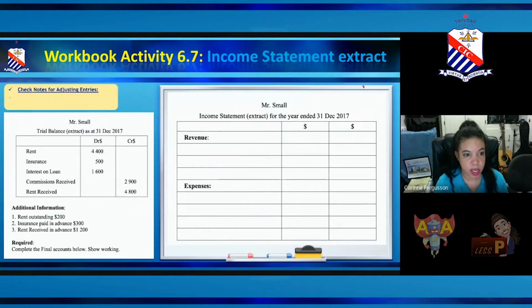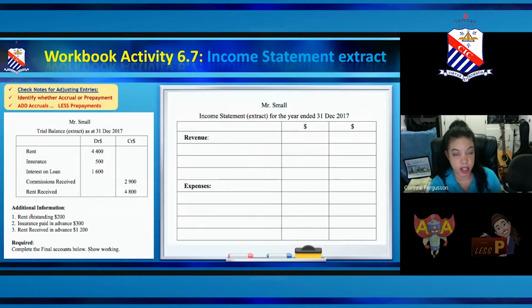What we're going to do now is, some of you might have thought, why didn't we just check the notes? So I prefer going to the trial balance and going through each one and then checking my notes after. Some people may feel better about going to the additional information or the notes and going that way.